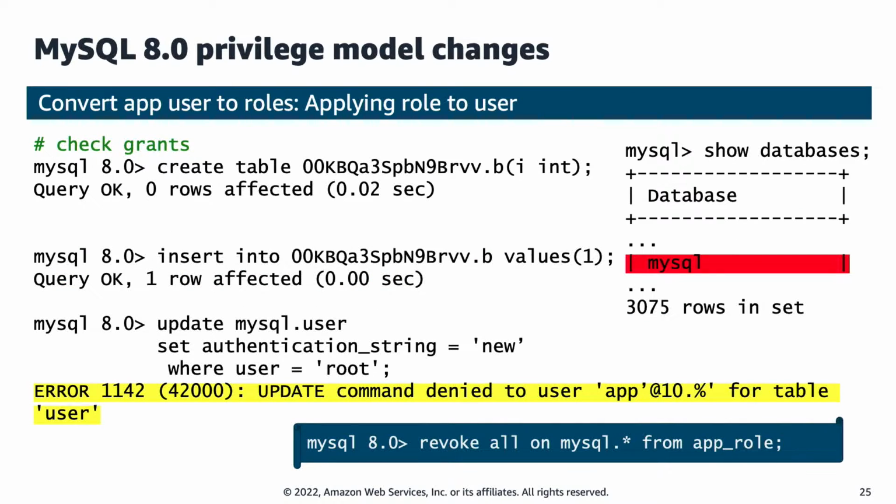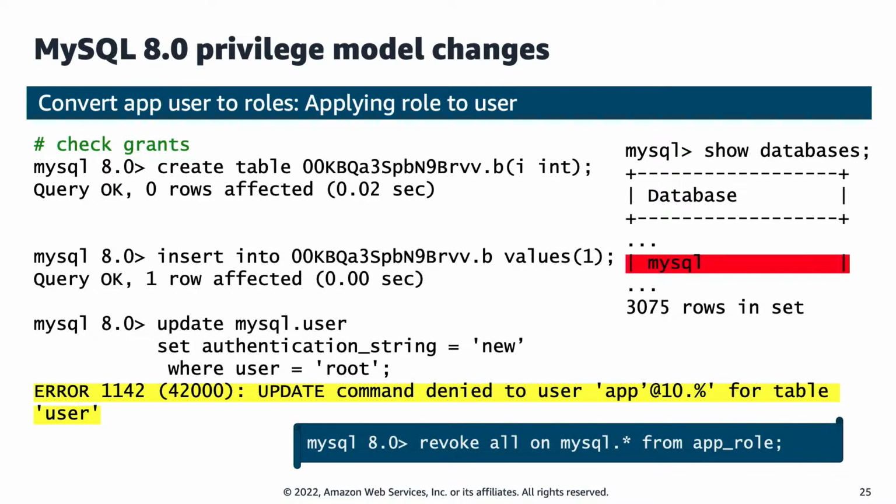All right. So now, when we have migrated our application user to roles, let's repeat what we tried to do. And we can see that, again, that works. The protection works. The MySQL system database is protected. We can do all the things that we need to do.